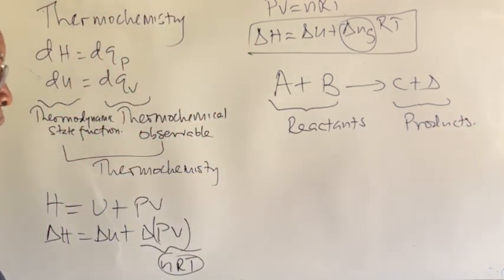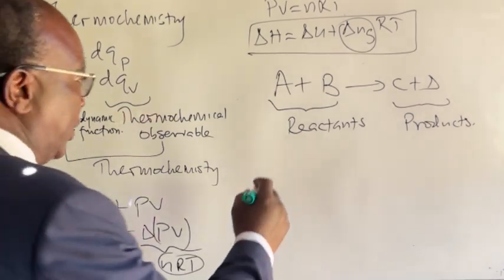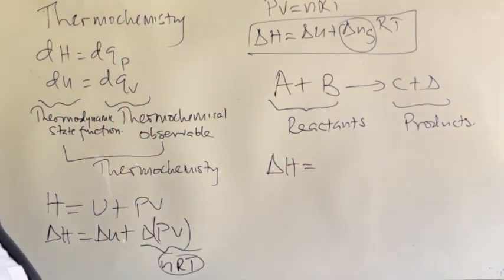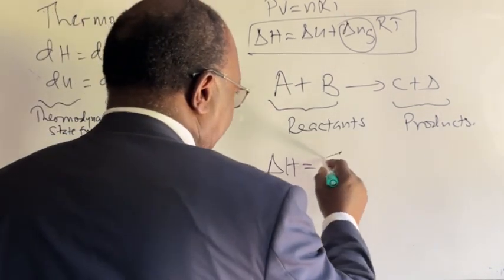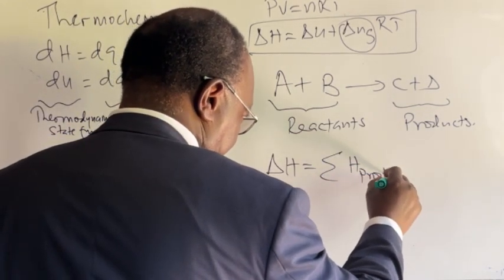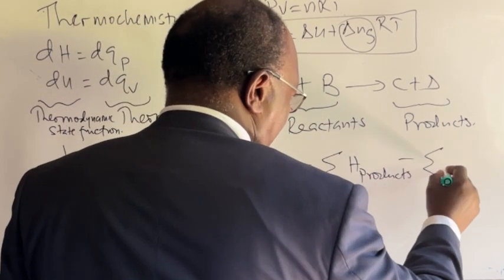When you are computing the enthalpy change for a reaction like this, the enthalpy change, delta H, is given by the sum of the enthalpies of the products minus the sum of the enthalpies of the reactants.